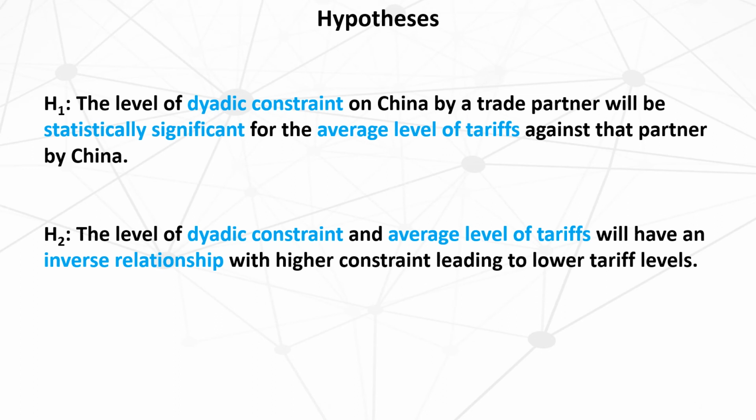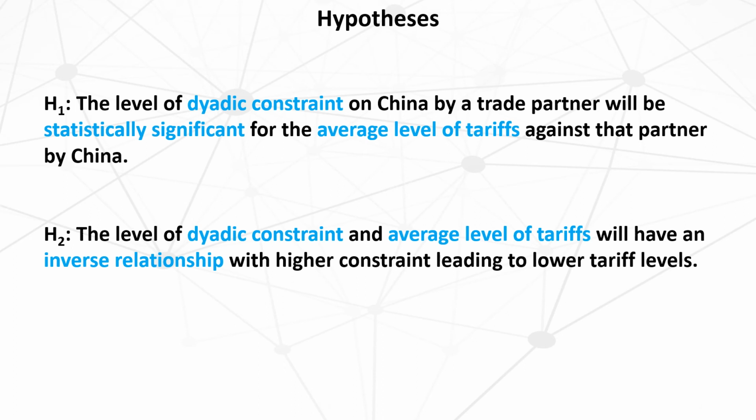I hypothesize first that the level of dyadic constraint on China by a trade partner will be statistically significant for the average levels of tariffs imposed on that partner by China. So the partner's dyadic constraint will be statistically significant for predicting the level of tariffs that China puts on that partner.